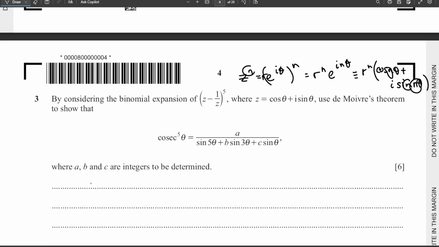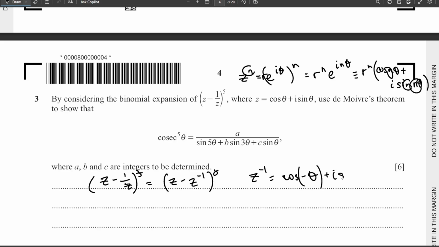First, let's deal with whatever is inside. So z minus 1 over z. Let's rewrite the reciprocal of z as the power of -1. So z to the -1, using De Moivre's theorem, I can write as cosine of negative theta, because we write the power as a multiple of the angle inside, added with sine of negative theta.